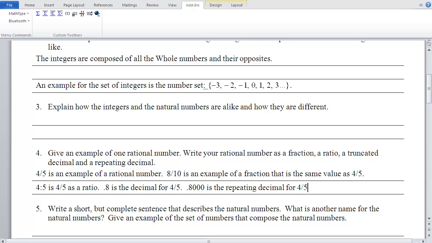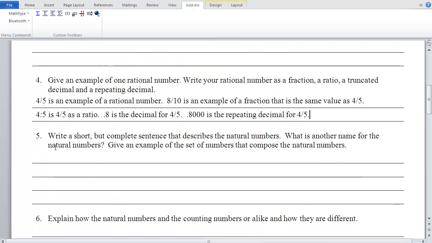Now sometimes in science classes you'll see something written as 0.80000, and what they're trying to show you, even though those are just placeholders, is that they're carrying out their degree of accuracy to 4 decimal places. Okay, let's go on to 5.